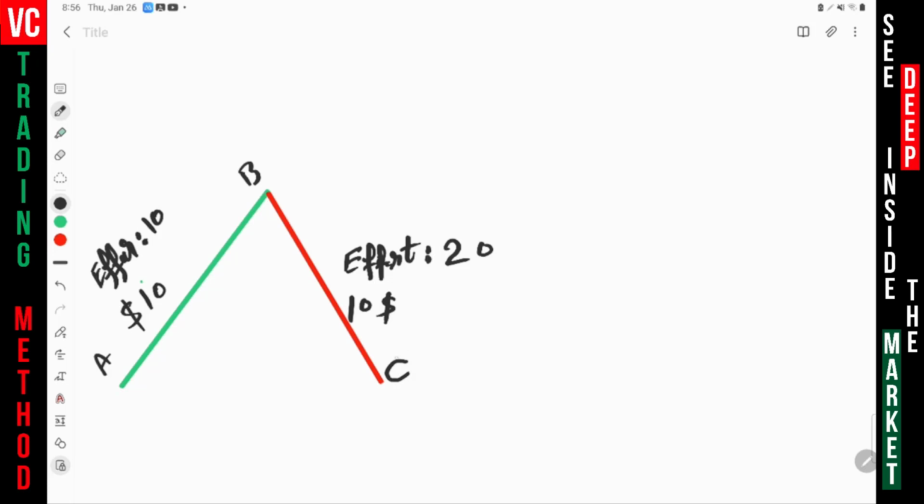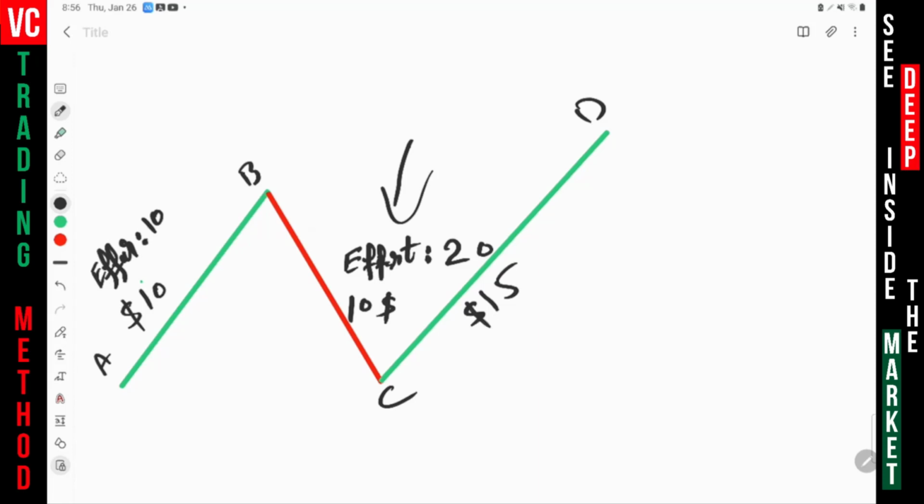On the next move, the price should reverse here. According to this calculation, the price should move upside. On the next move, from C to D, the price moved $15.